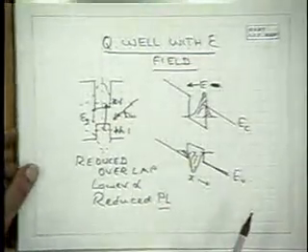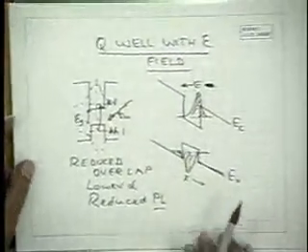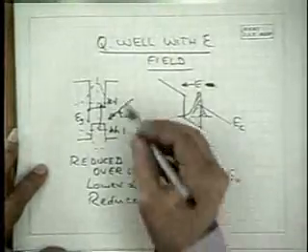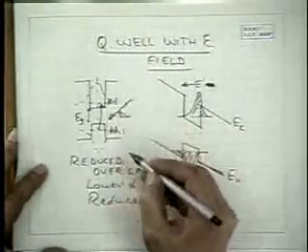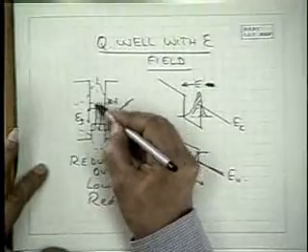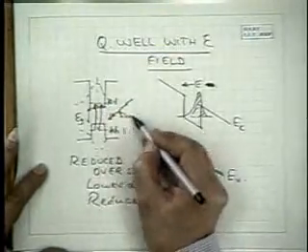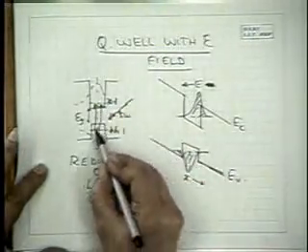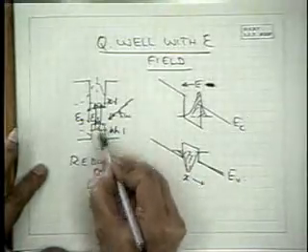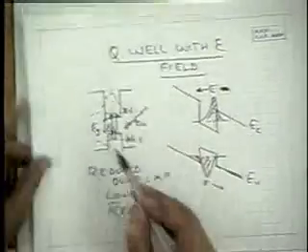If you look into this and calculate what are the energies involved, this is EPH, the energy going from the valence band to the conduction band.